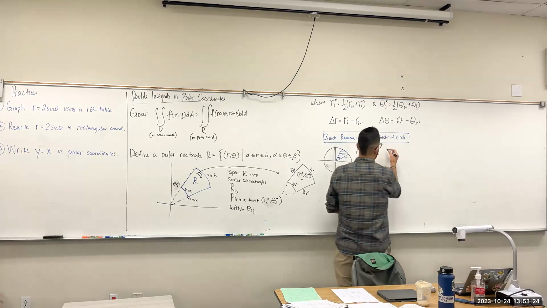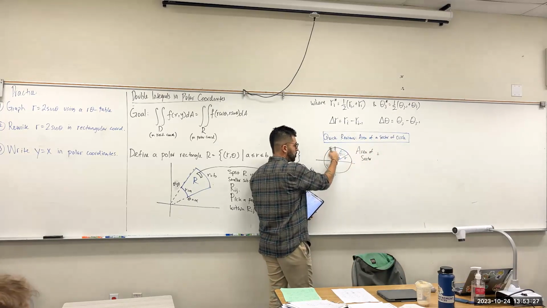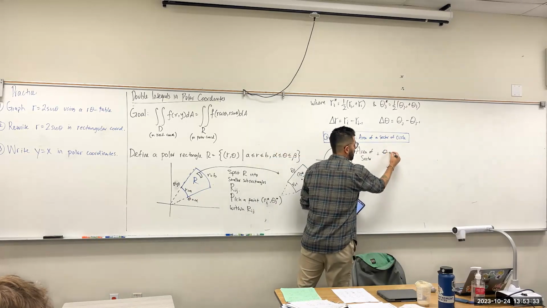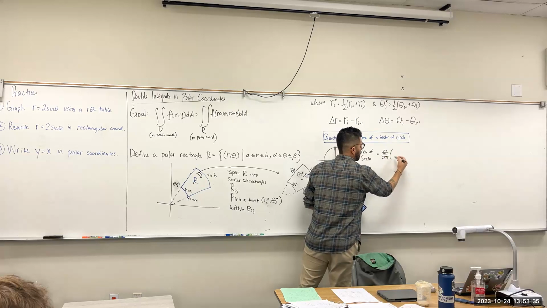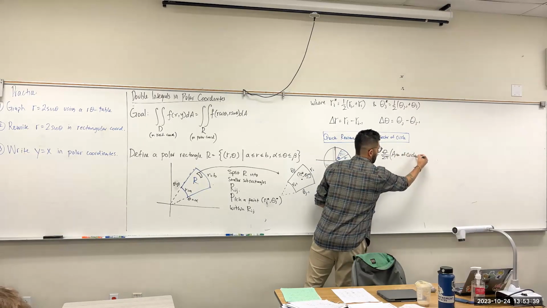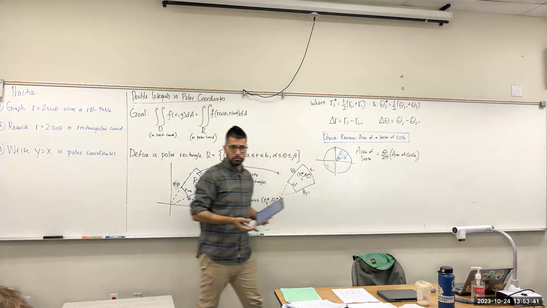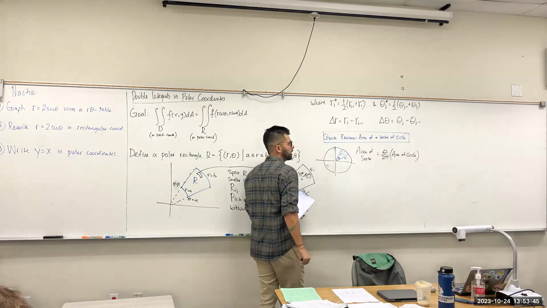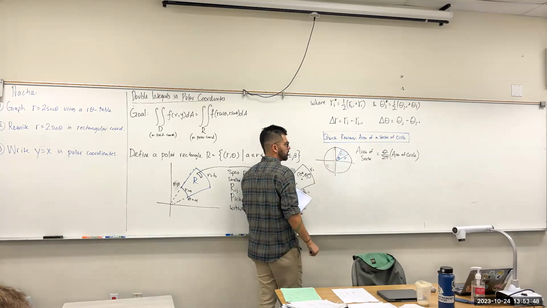So out of the 2 pi radians, I'm only going to use the theta amount. So theta out of the 2 pi times the area of the circle. That's the construction for that. It's just this proportion out of the entire 2 pi times the area of the circle.